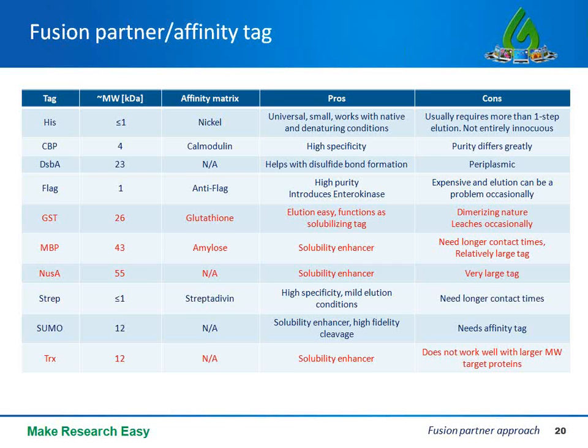The SUMO tag is a really good solubility tag, and the advantage is that the SUMO protease cleaves the tag with really high specificity, because it recognizes the tertiary structure of SUMO and cleaves at the C terminus. So you can recover target protein in a very pure form, with no extra residues.